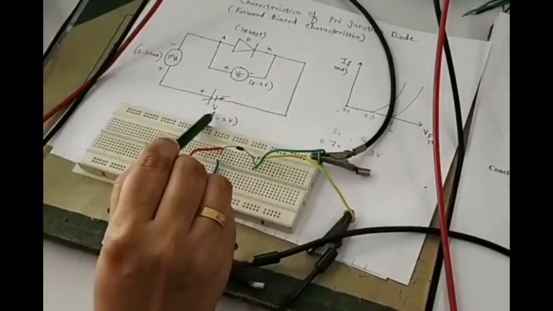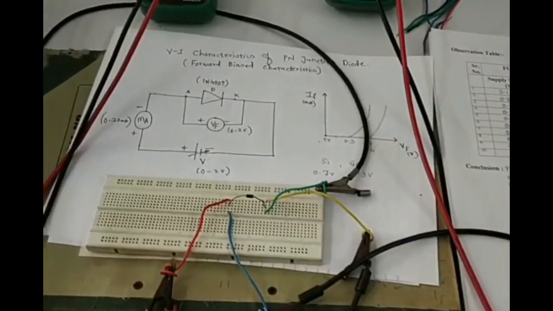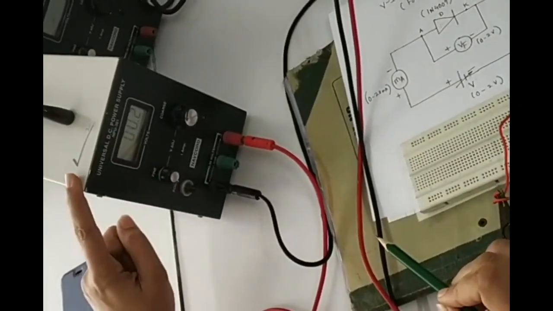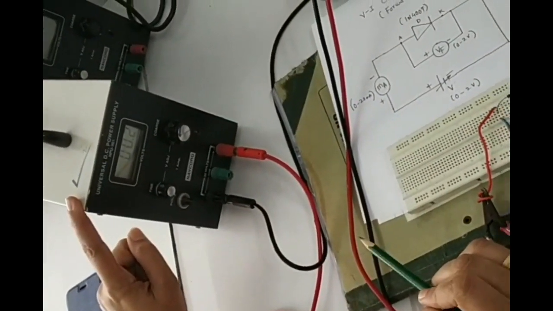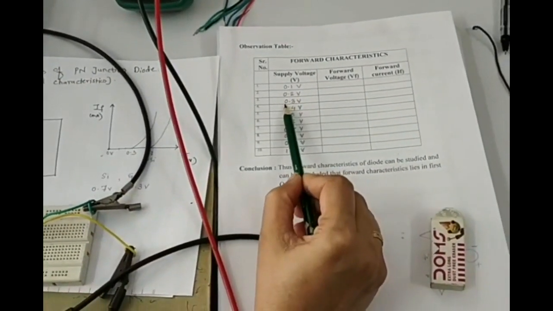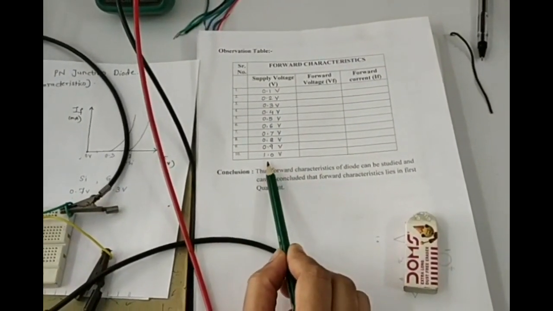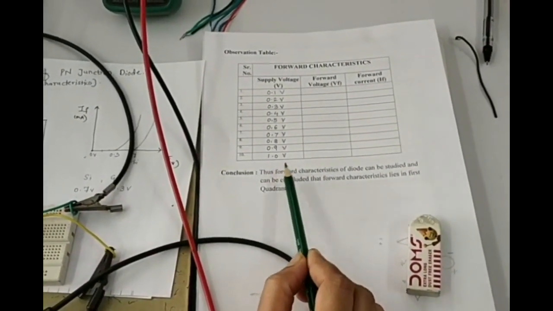This is your supply voltage, V or Vin, and we are going to apply this voltage with the help of this DC power supply, in the range of 0.1, 0.2, 0.3, 0.5, like that till 1, or you can extend more than 1.